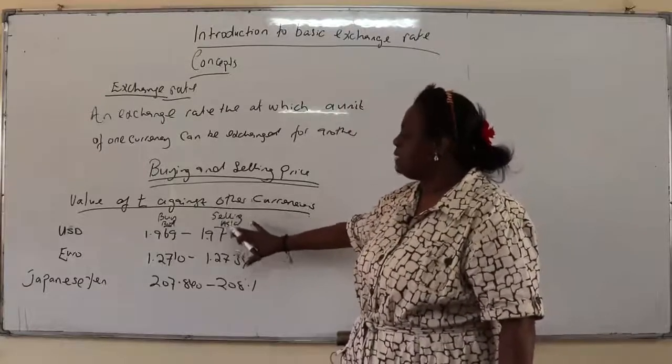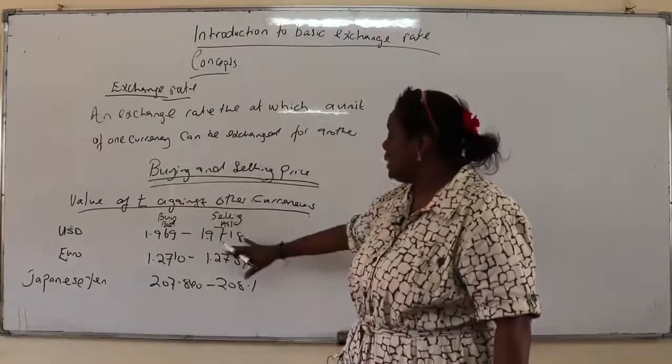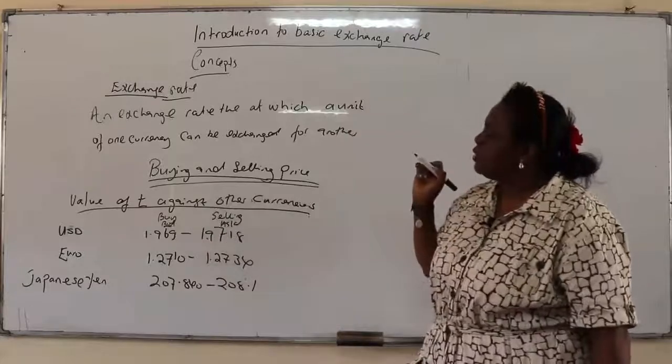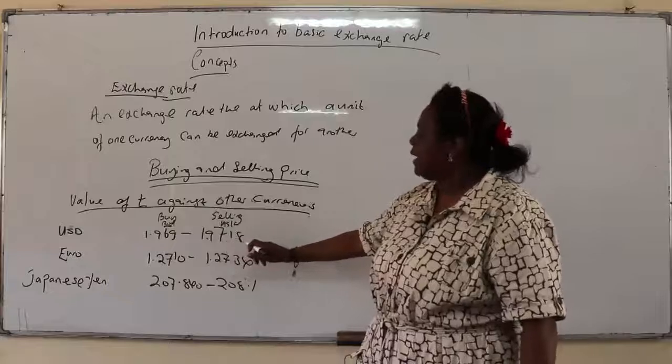That person is in Britain. So what is going to happen? He's going to be sold sterling pounds at 1.9718.